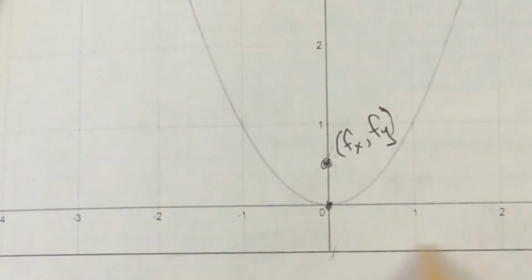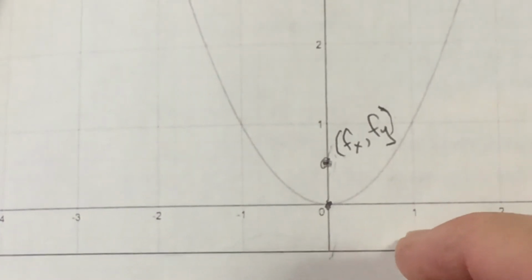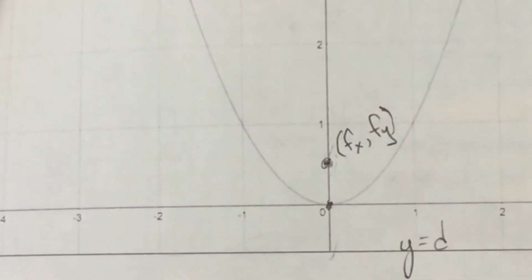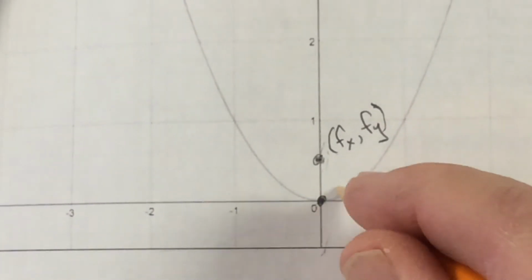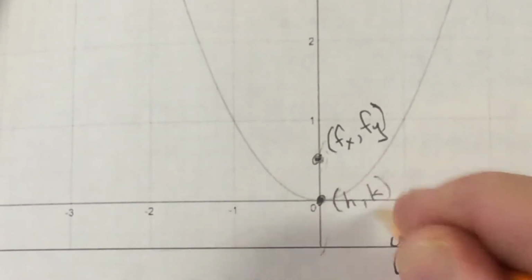This line right here has some y value, y equals, let's just say d, because they call this the directrix. And this point, which is the vertex, is h comma k.